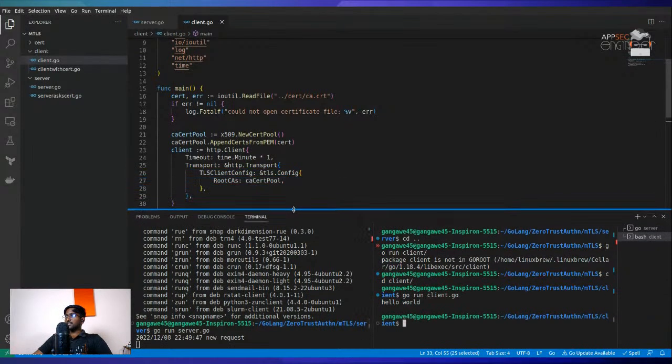So at its base, all this client is trying to do is trying to connect to the server, and what it wants to make sure is happening is that when it opens a request to the server, it wants to make sure that the server has the certificates that were issued by some other third party. And why would we do that? Like, why do we want a certificate at all?